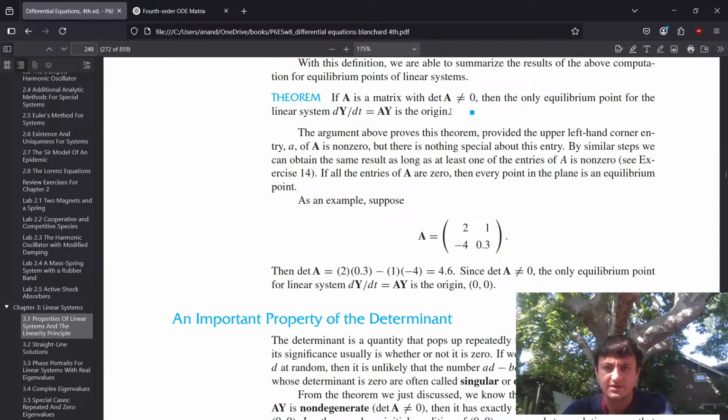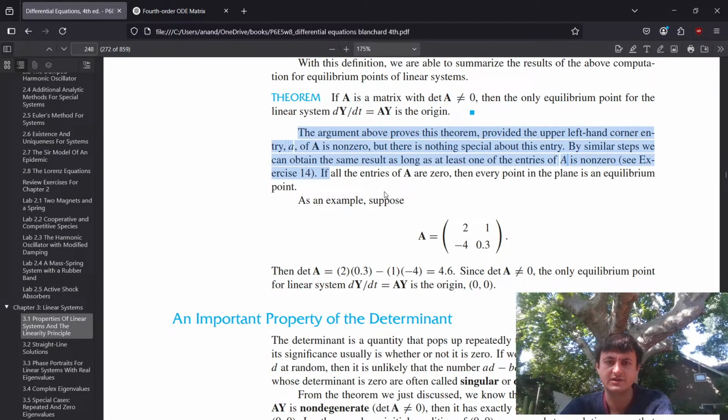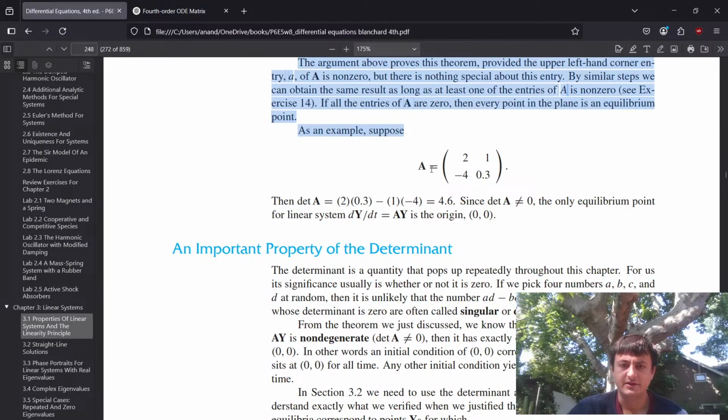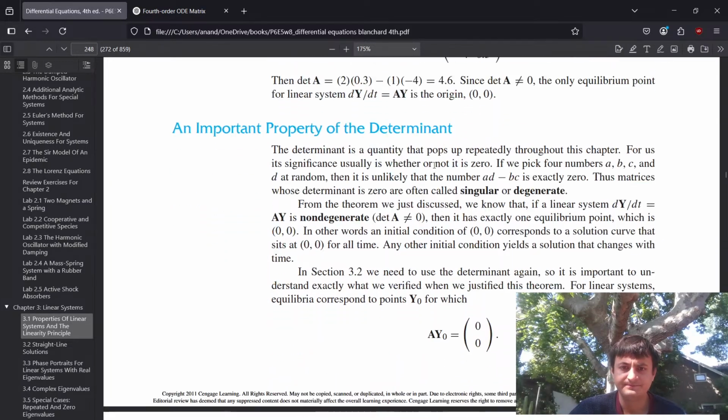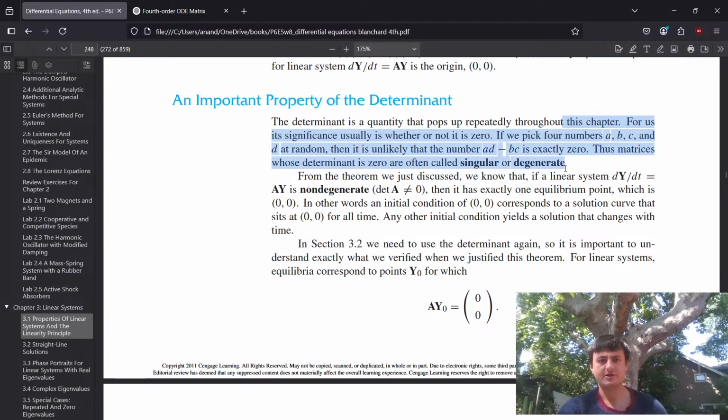Okay, yeah, this is a basic application of, I guess, linear independence and the invertible matrix theorem. Okay, then they bring up the word degenerate or singular.